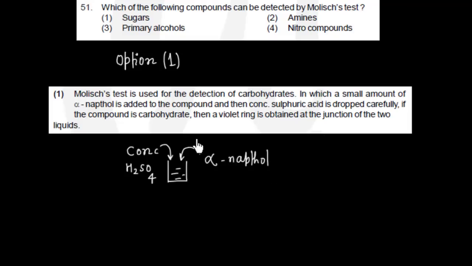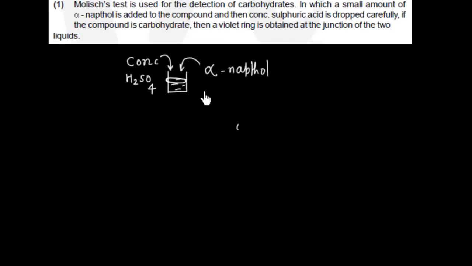If the compound is carbohydrate, then violet ring is obtained at the junction of two liquids. So you will find a violet ring at the junction.